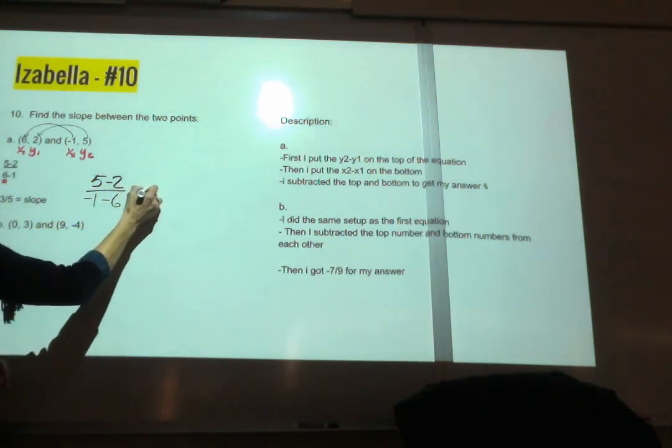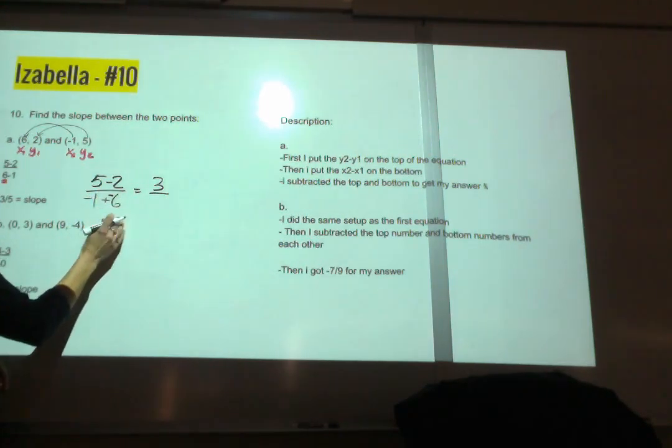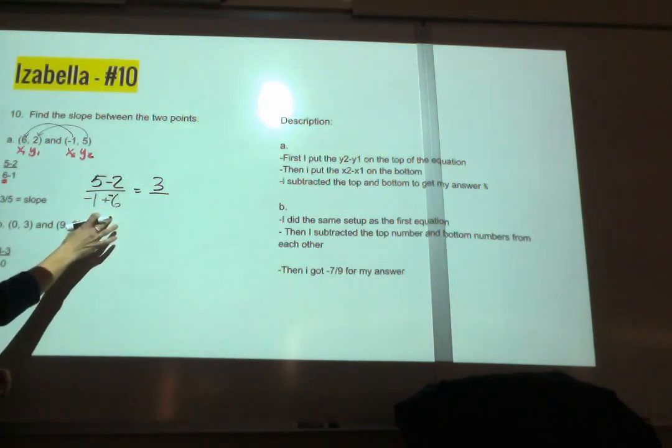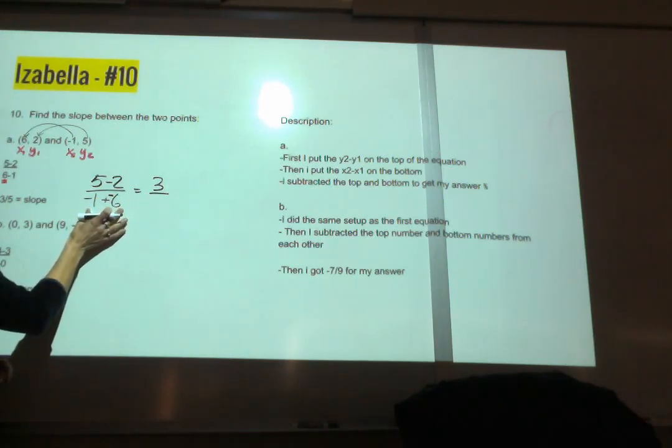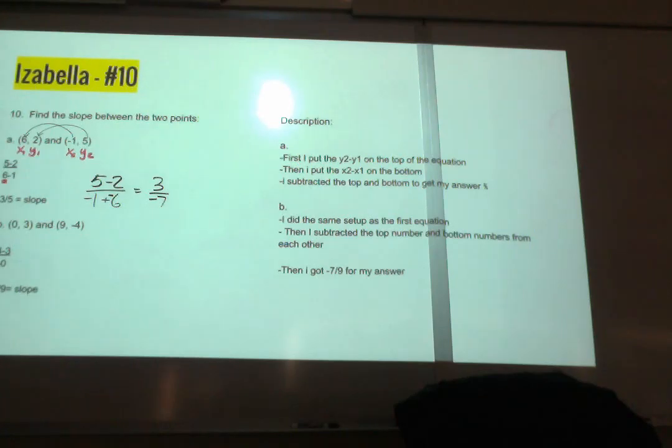So this should be 3 over, keep, change. A lot of times in these problems you have to do some integer work. Be careful with your positive and -7. Okay, so the 3 is great, but the -7 was difficult. Let's see what happened here. -4, 3, good. -4, subtract 3.